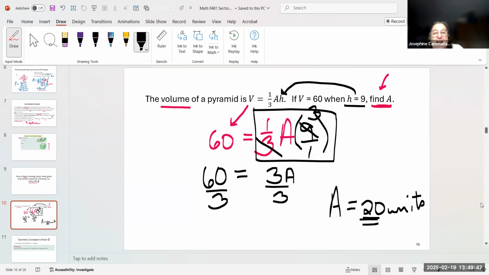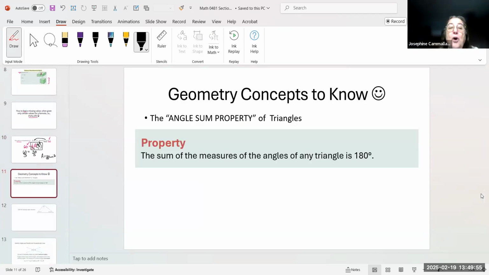Well, now that you understand some basic stuff, let's go a little further. Okay, this is something you do have to memorize. Concepts to know. Now, this is called the angle sum property, which means that you are going to find the sum of the angles, and see that's S, of any triangle is 180.